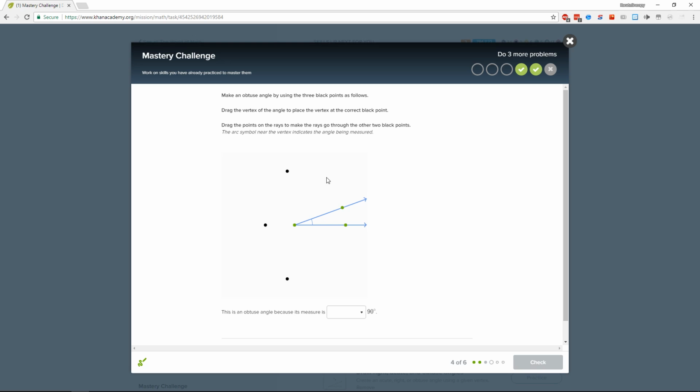Make an obtuse angle. It's greater than 90 degrees.